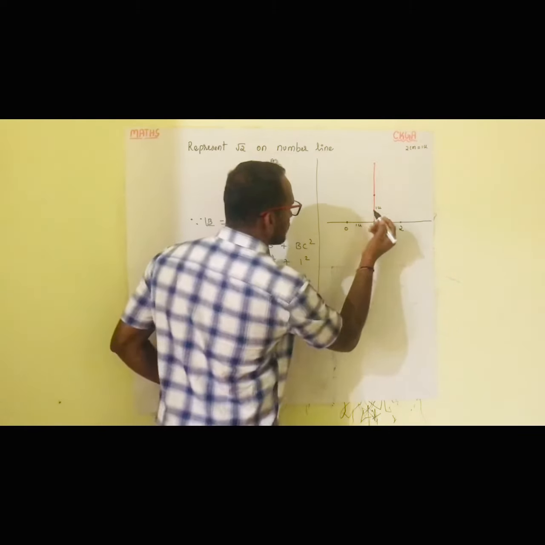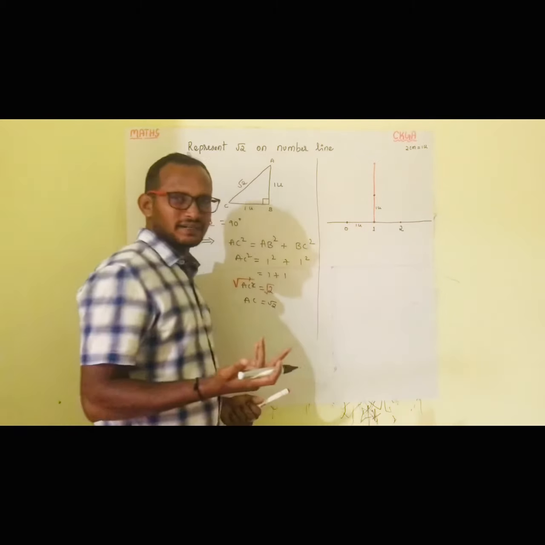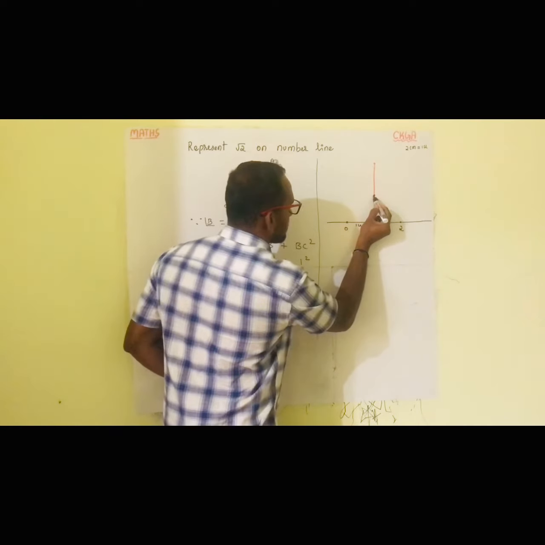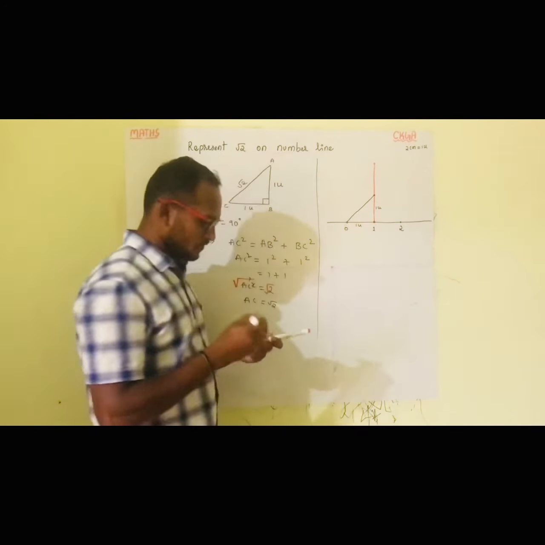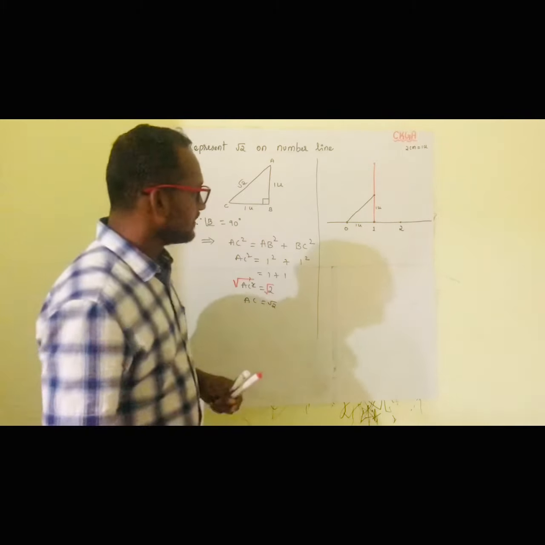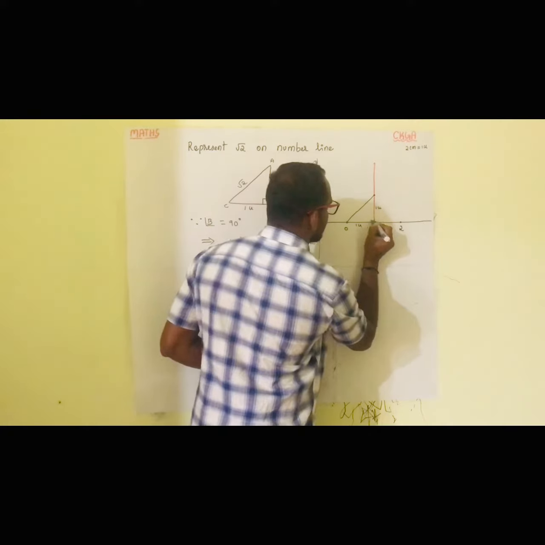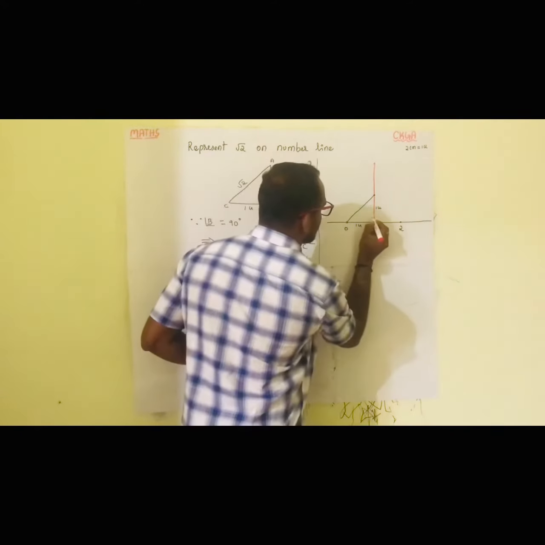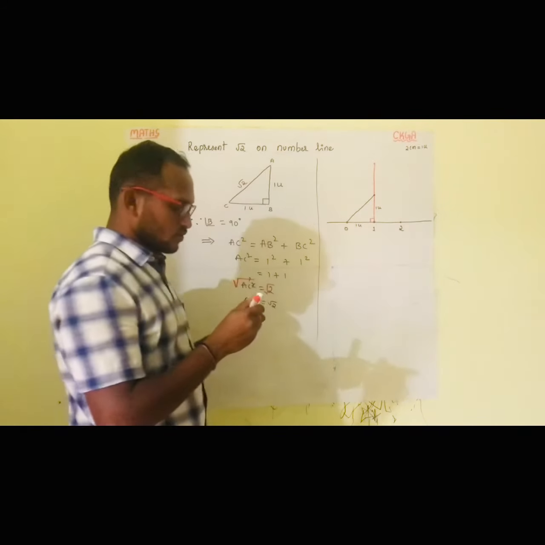Now just join, and call this point A. Join this point to this one. Yes, you got a right angle triangle. You can observe the 90 degrees there.